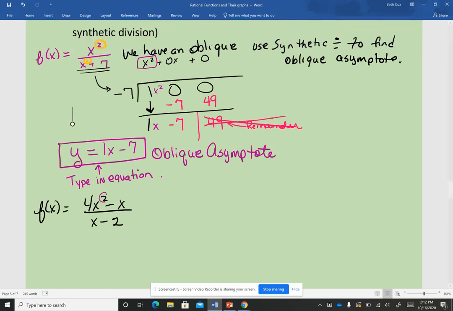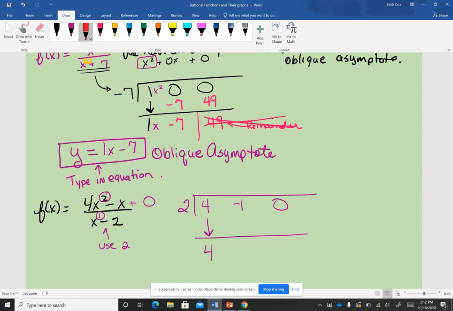We have a second degree over a first degree. Right, and so we're going to do synthetic division to divide. And so that would be 4, a negative 1, and then a 0. And we're going to use 2 to divide with.